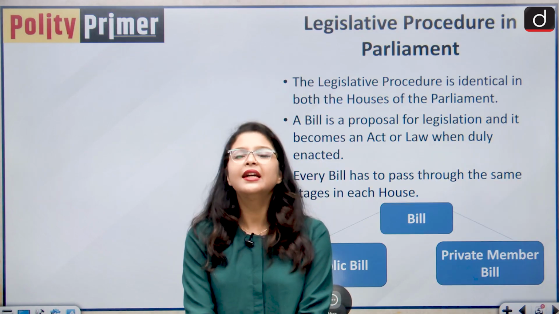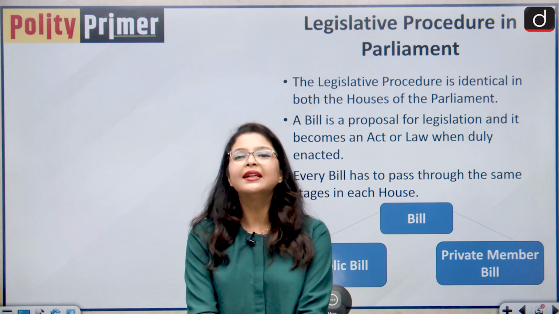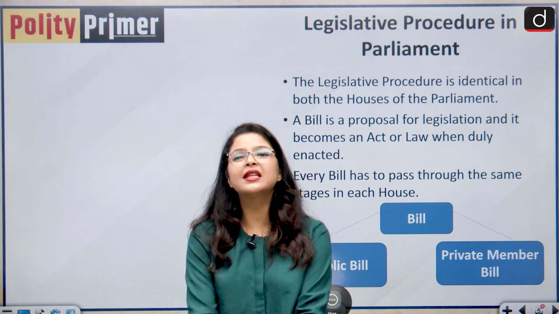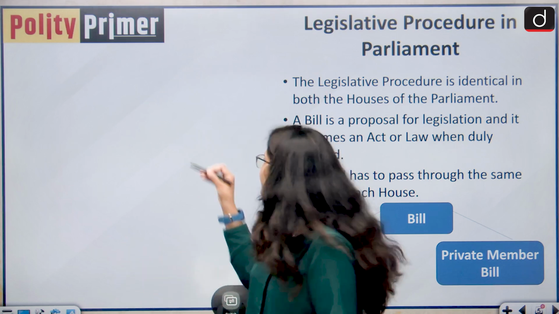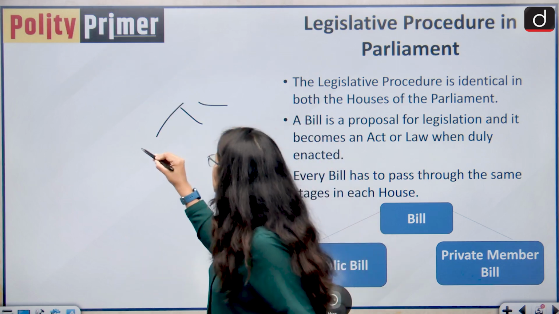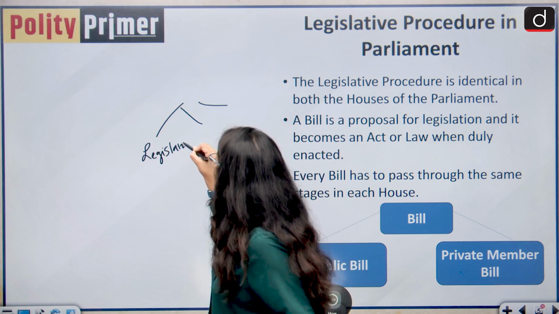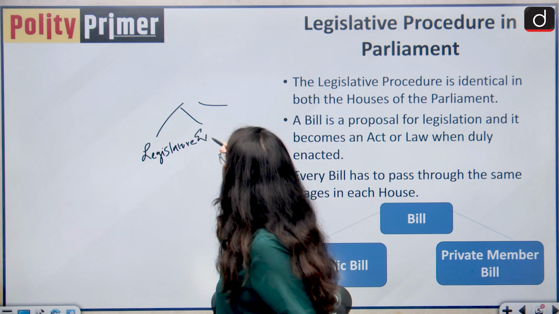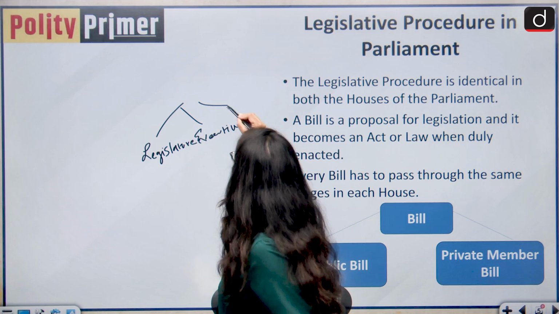We have studied in the chapter on power sharing in our class 10th political science book that horizontal sharing of power exists between the three organs of the government. What are these three organs? These are legislature, executive, and judiciary.